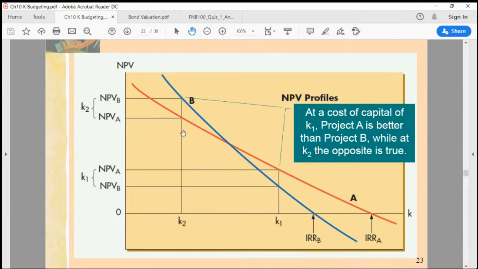The slope is flatter, and the NPV profile of project B is a little steeper. That means the internal rate of return of project A is higher than the internal rate of return of project B. Of course, because the horizontal axis is the return, the rate.